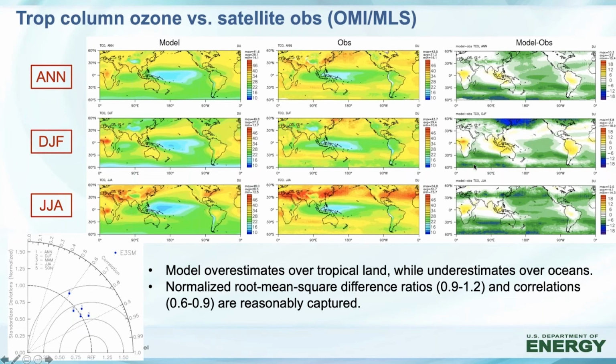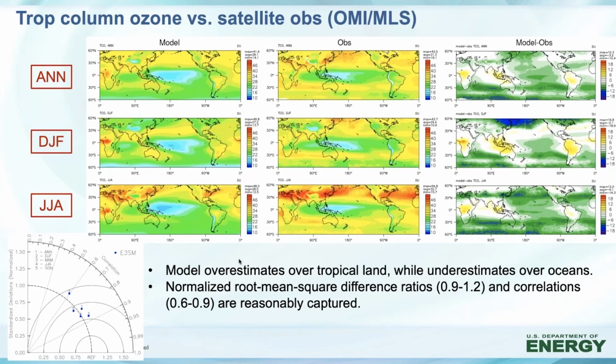But we didn't. I got those results not long ago, so we need to analyze more to understand what's driving the model differences. But as initial results, they look pretty good.